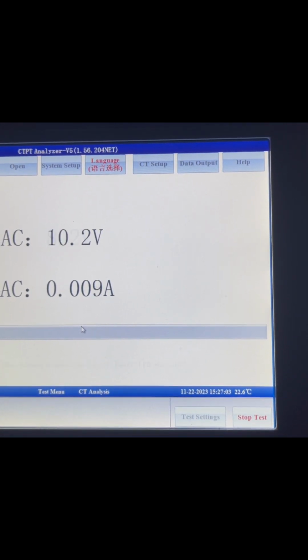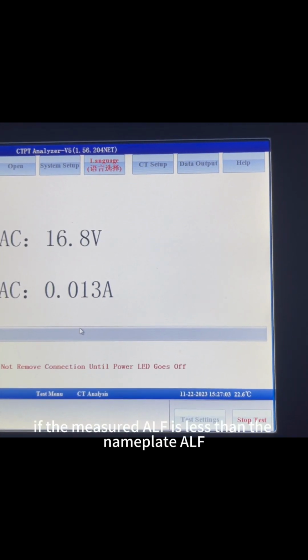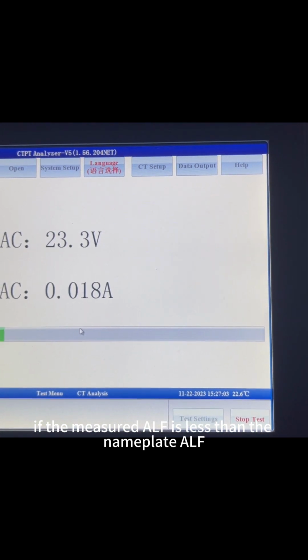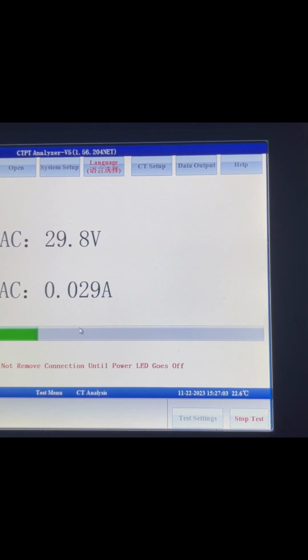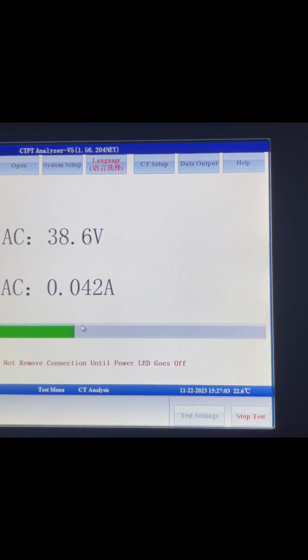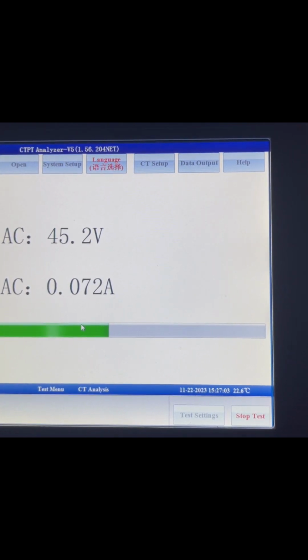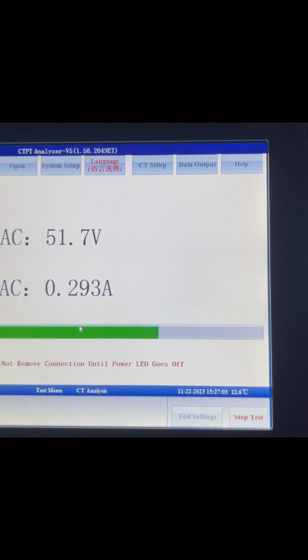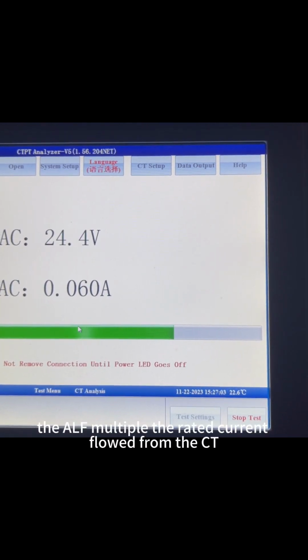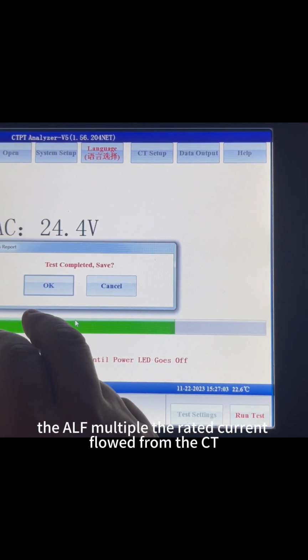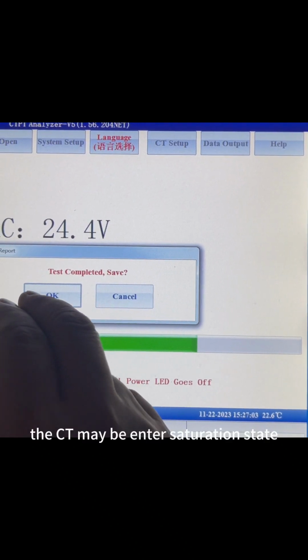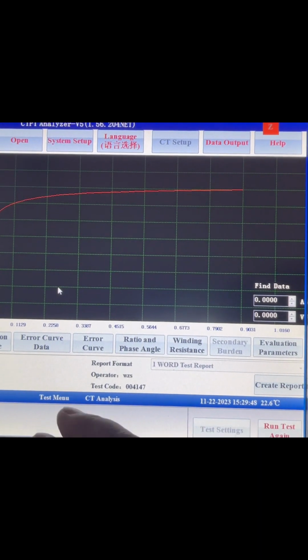That means if the measured ALF is less than the nameplate ALF, and the fault current is more than the ALF multiplied by the rated current flowing through this CT, the CT may be in the saturation state.